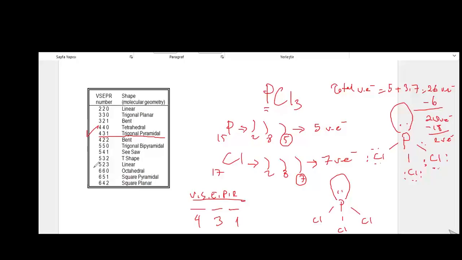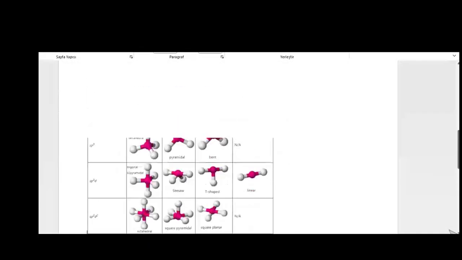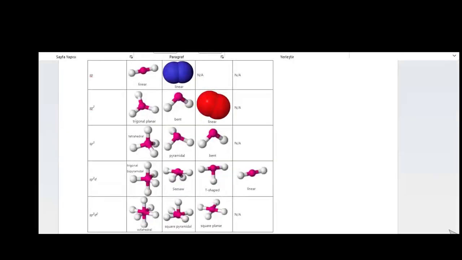By the same way, let's look at the hybrid orbital type. Same as ammonia, it has sp3 hybrid orbitals because it has a trigonal pyramidal molecular shape. And if you look at the table, you are going to see that there is only one lone electron pair on it.